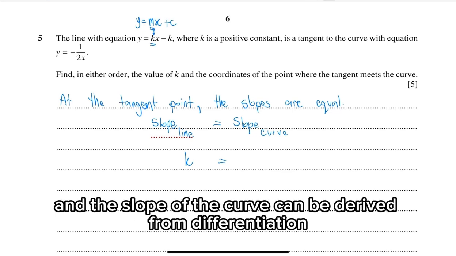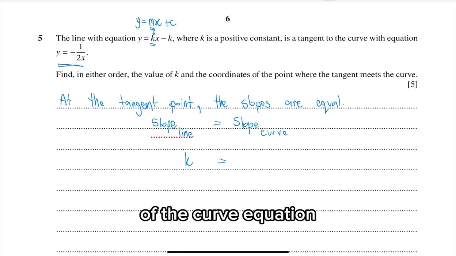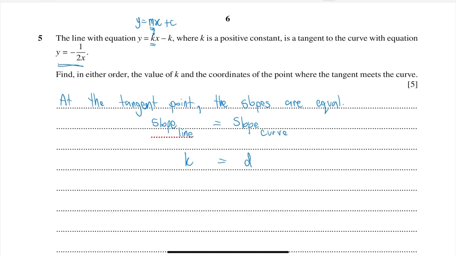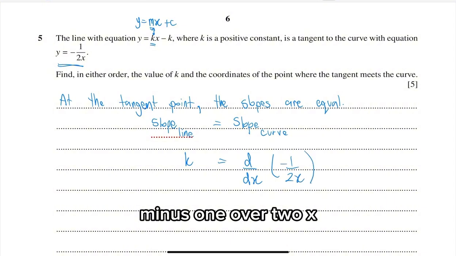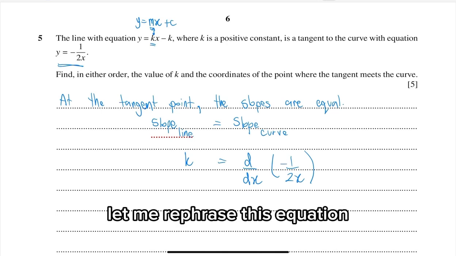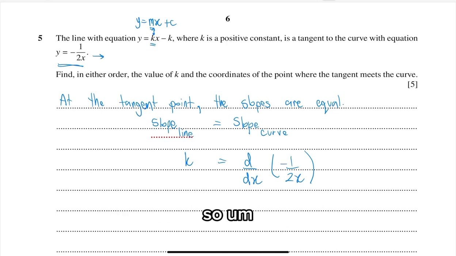And the slope of the curve can be derived from differentiation of the curve equation. So, minus 1 over 2x. Let me rephrase this equation.